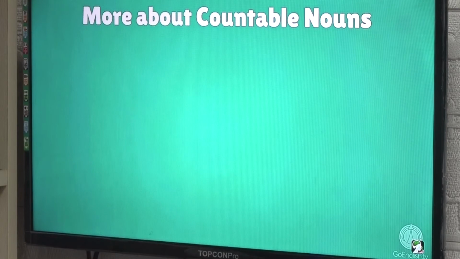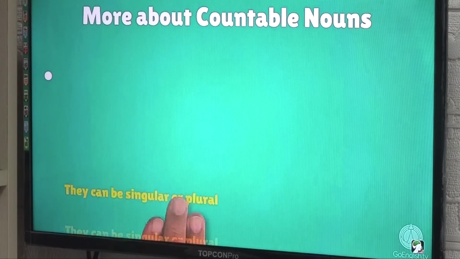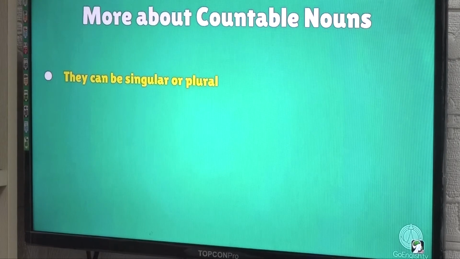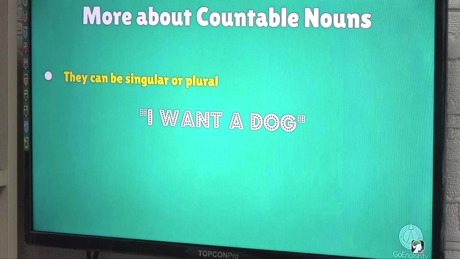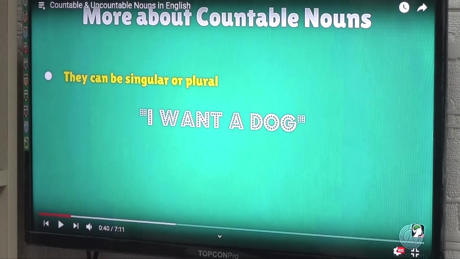More about countable nouns. They can be singular or plural. I want a dog. Do you think dog is a singular noun or plural noun? It's singular, right?